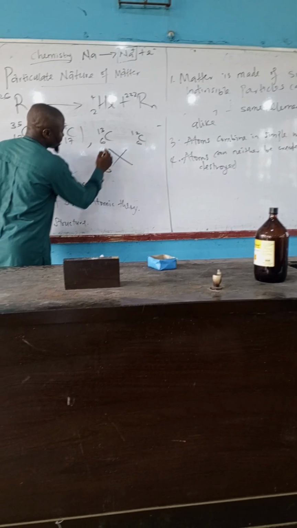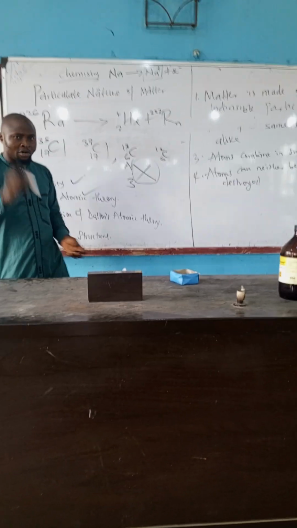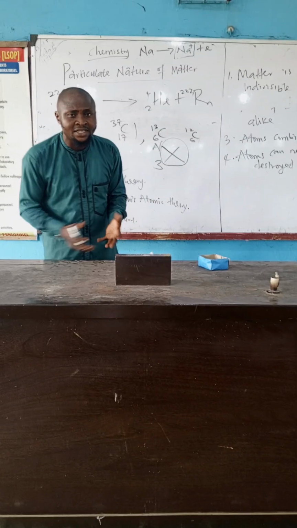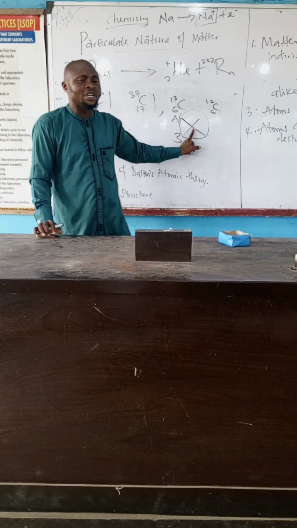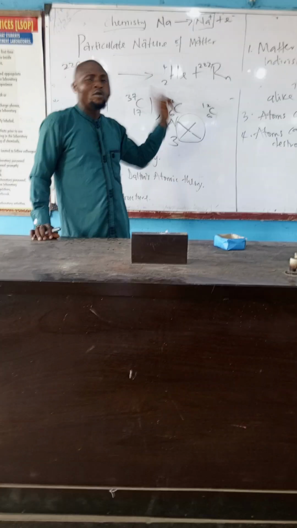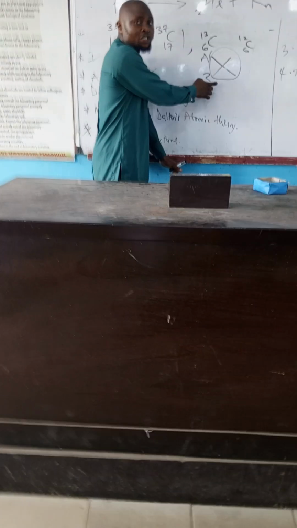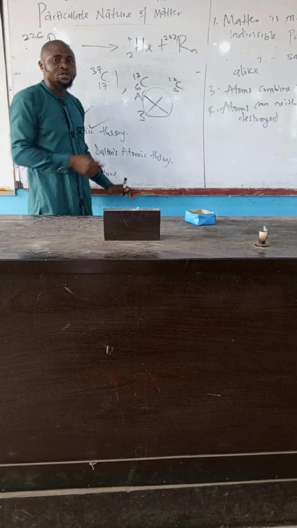This is the symbol of the element. I'm going to drop a link to a video where I give abbreviations on how you can memorize the first 50 elements. Beneath, as a subscript, is the atomic number, and the superscript is the mass number.